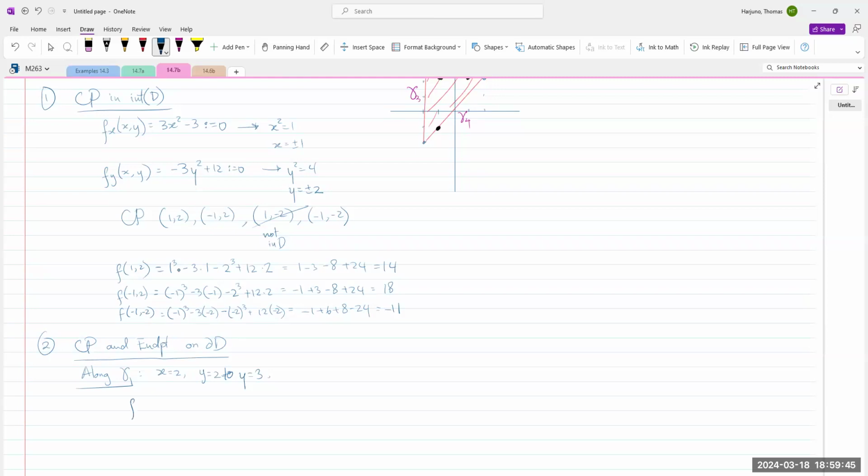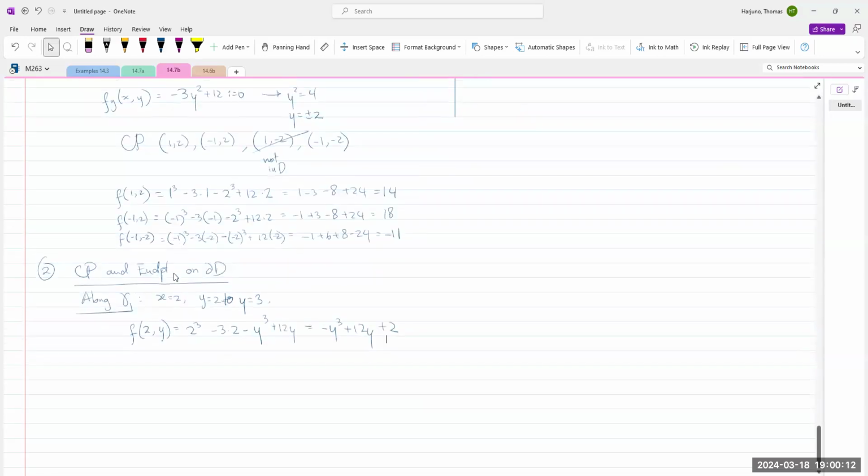So the function at 2 comma y will be 2 cubed minus 3 times 2 minus y cubed plus 12y. Okay, that's negative y cubed plus 12y plus 2. Now we do the derivative of this function, which we can do because it is a function of y only.